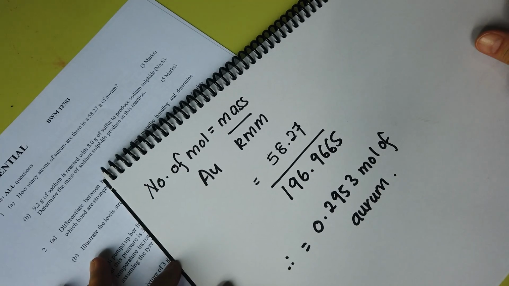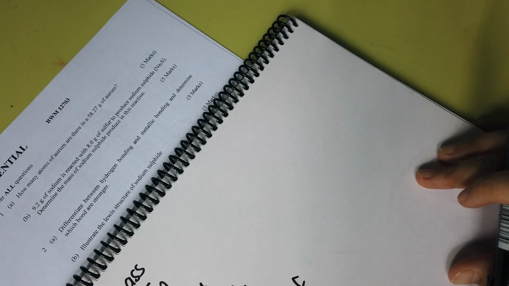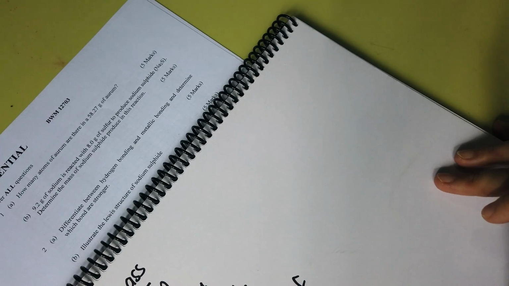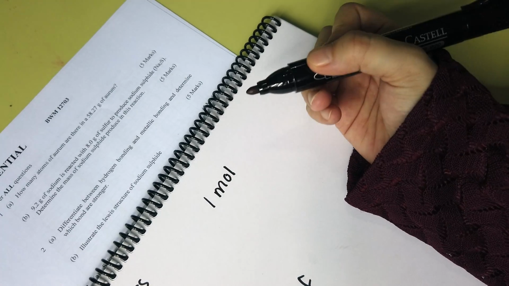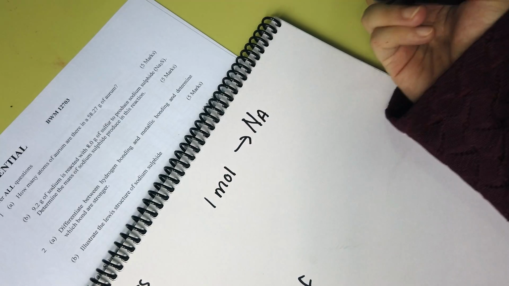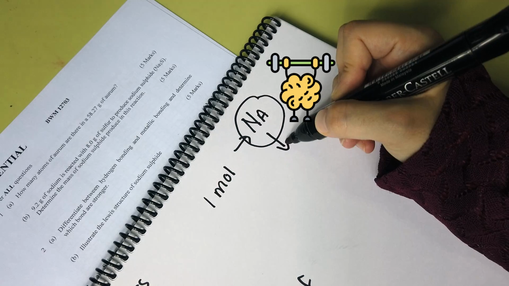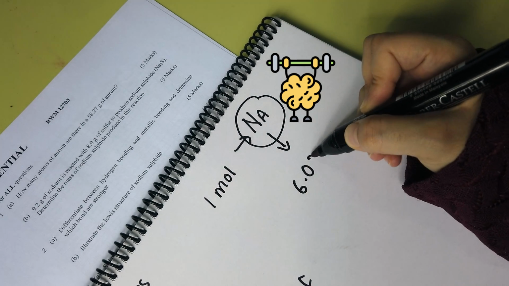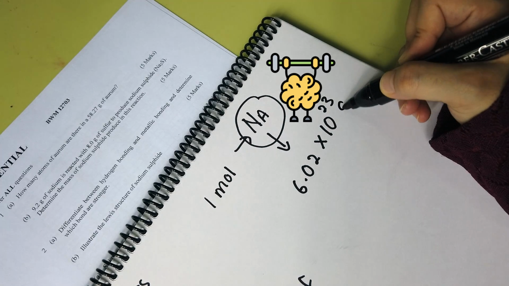Okay, now what else do you need to calculate? The question asks you to calculate how many atoms. If you can still remember from my notes, 1 mole of anything is equivalent to Avogadro number, where Avogadro number is equivalent to 6.02 times 10 to the power of 23 atom.